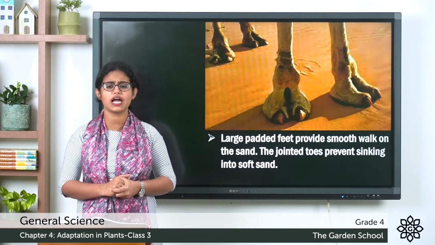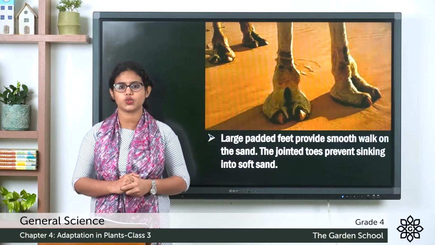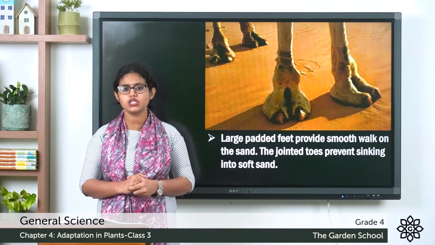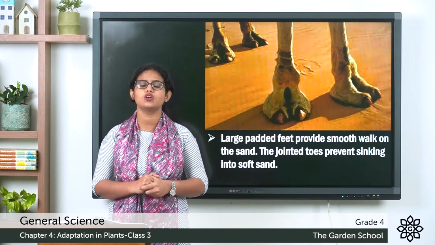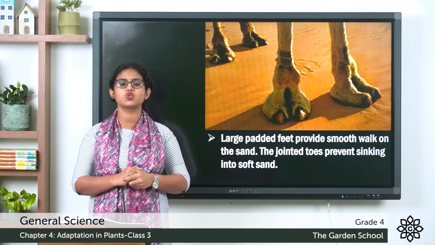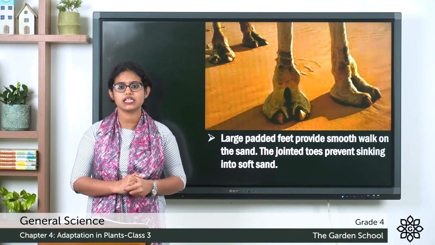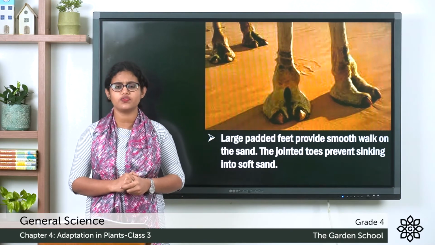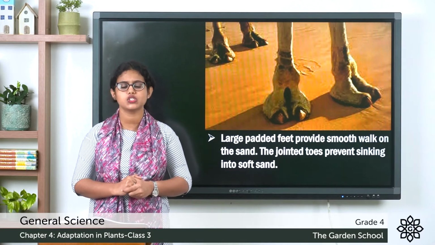And at the same time, if you see this picture, you can see their toes are joined together. As their toes are joined together, they can walk without sinking into sand. So it helps them to get a grip while walking in the sand.